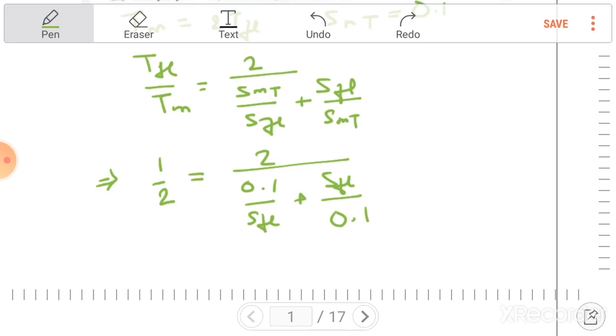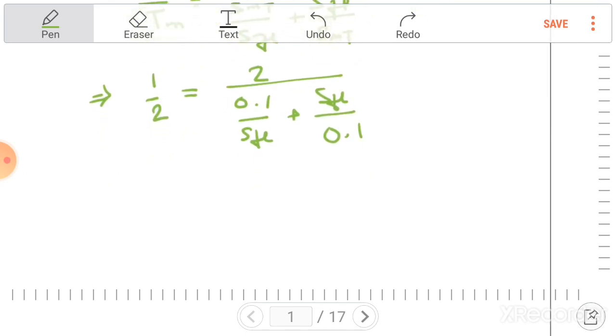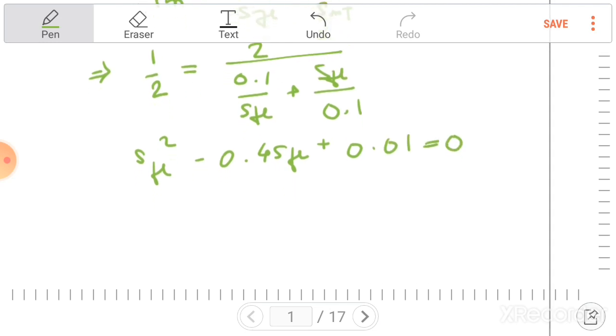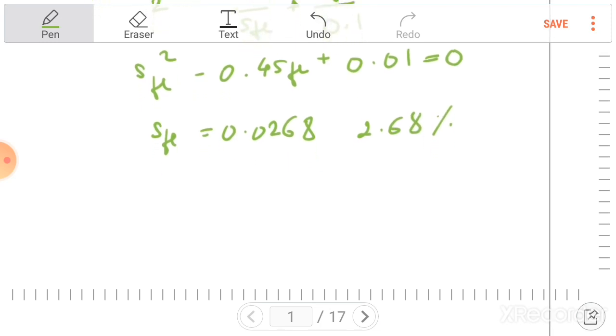Putting this value in the formula, we get a quadratic equation: S_FL square minus 0.4 S at full load plus 0.01 equal to 0, and the solution of this quadratic equation will be S at full load equal to 0.0268, or 2.68% slip at full load.